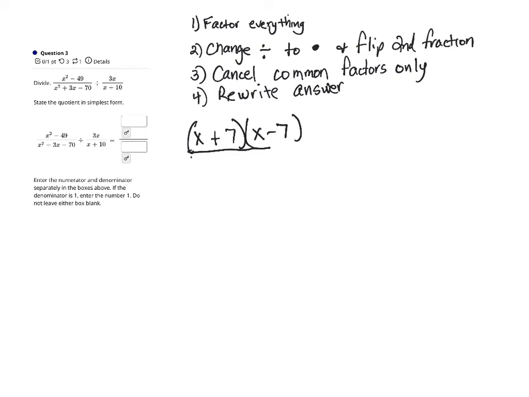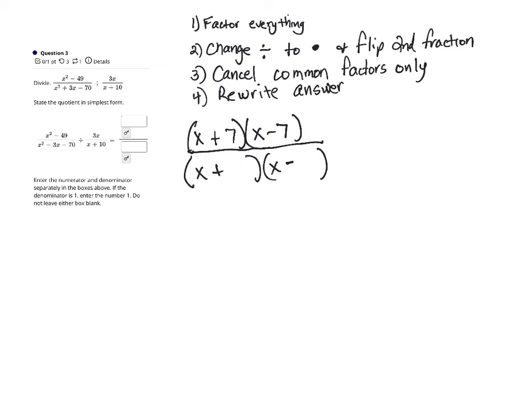All right, denominator. It's a trinomial. There's not a greatest common factor to take out. We know we're going to have x times x is x squared. Last term is a negative, so we know that's a negative 70, so we know our signs have to be different. We want to multiply to get 70, and then subtract those numbers to get a 3.